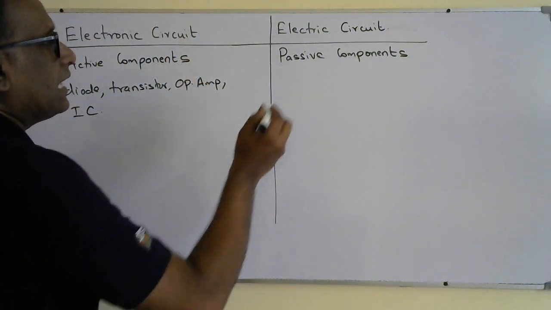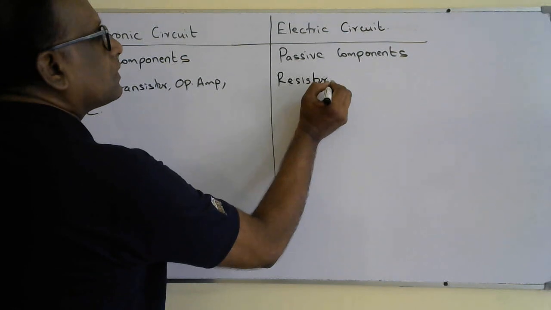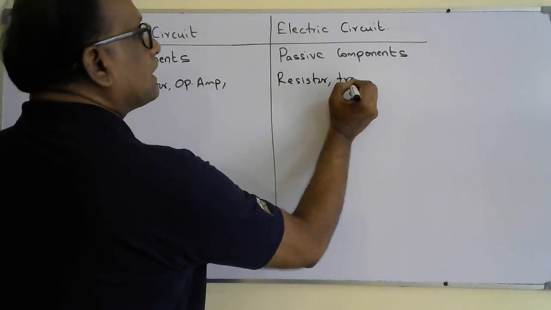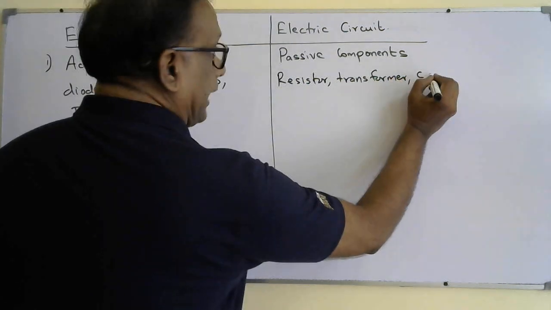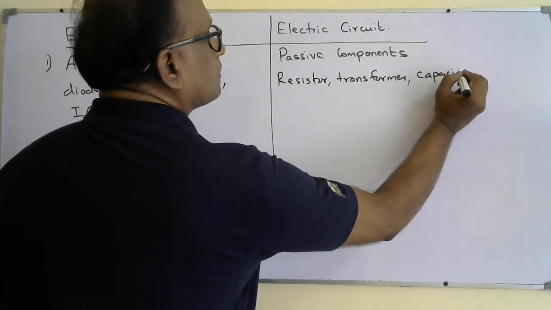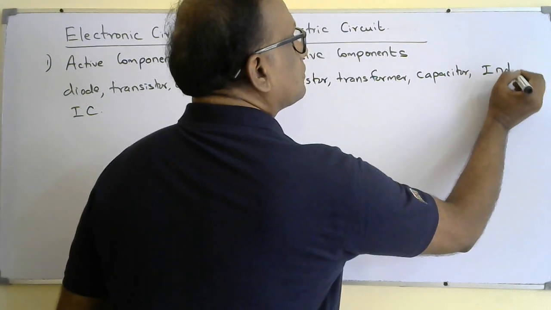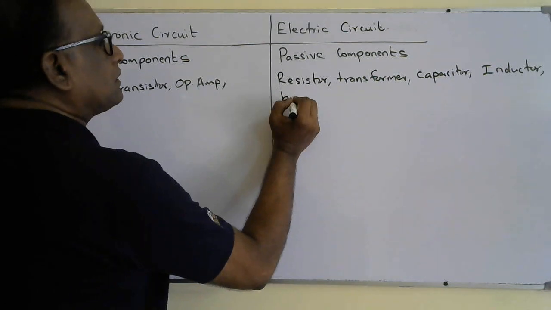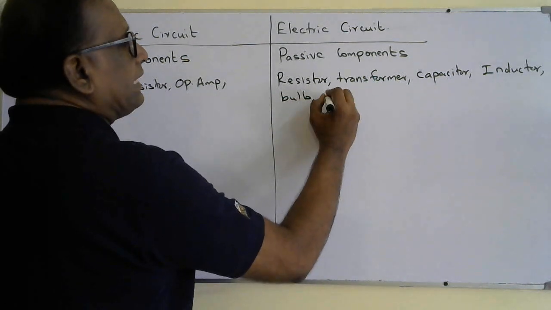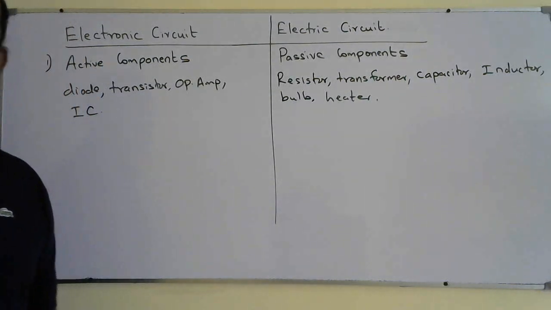We can say a resistor, a transformer, even a capacitor, an induction coil or inductor, a bulb or a heater. These are all passive components.